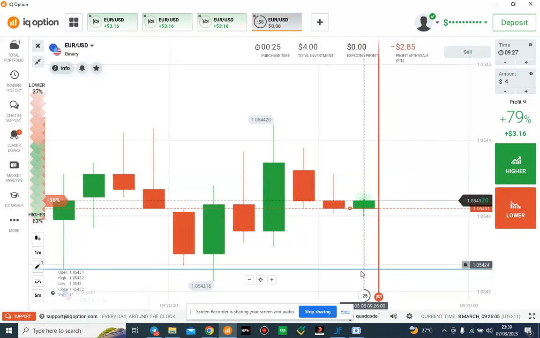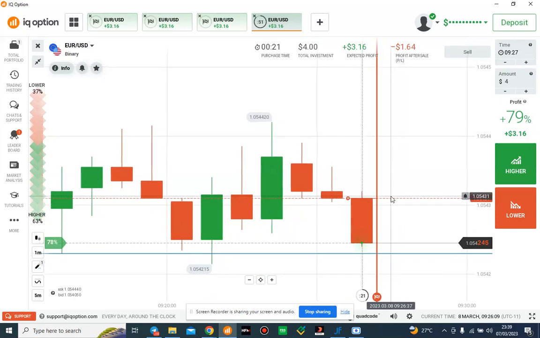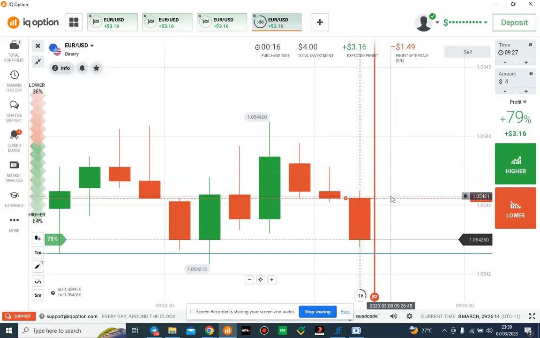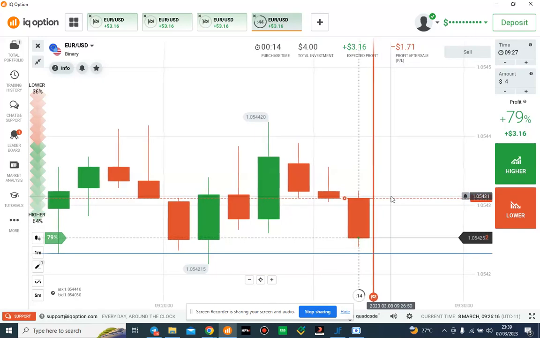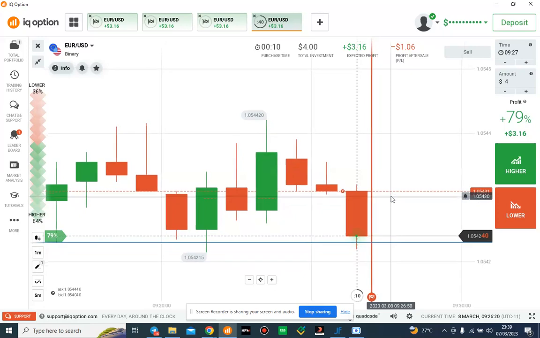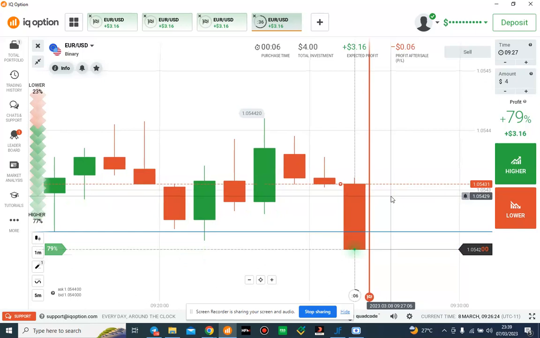Go with sellers again because I expect sellers to continue to this level. Now sellers has reached the level. Let's see what's going to happen.